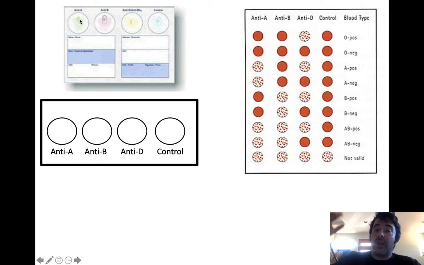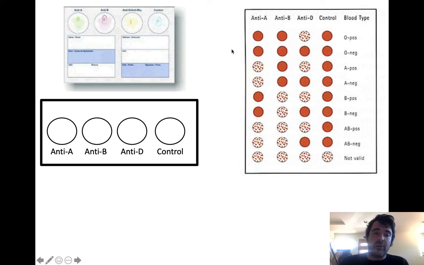Remember, the blood antigens are the markers that stick out of the surface of the red blood cell. The antibodies are the immunological proteins that bind to those markers and ultimately cause them to clump together, which is what an immune response to a blood antigen would be. So you have anti-A antibody, anti-B, anti-D, which also means anti-Rh antibody, and then you have a control with no antibodies.